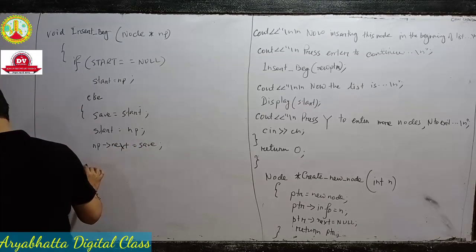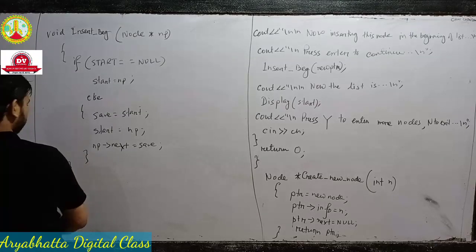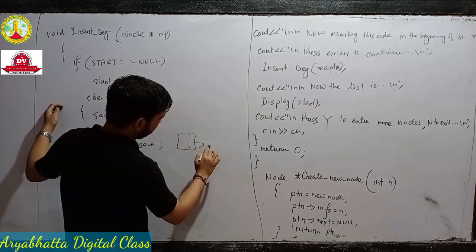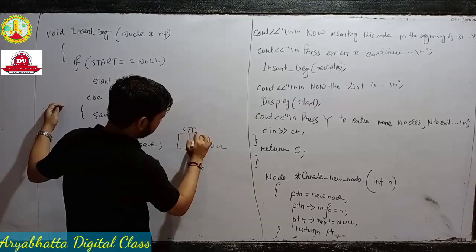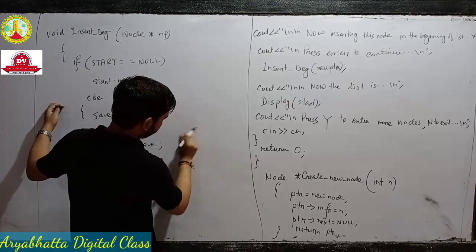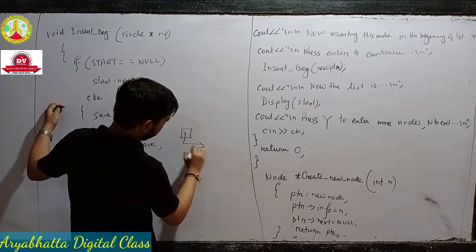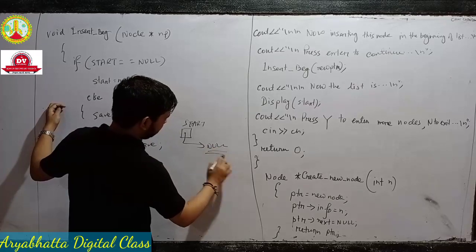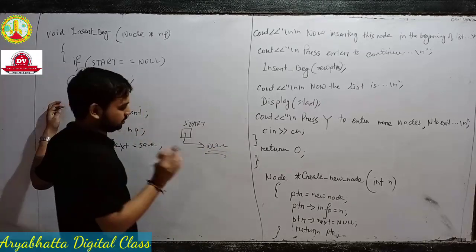This is already done in the algorithm part. This start means if the list is empty, again I am showing you, suppose this is a list, means an empty list, no new node exists in here.